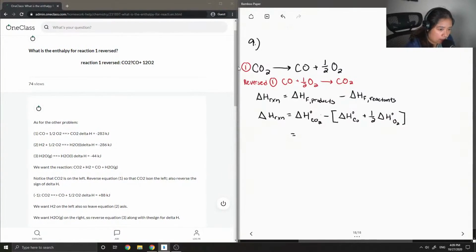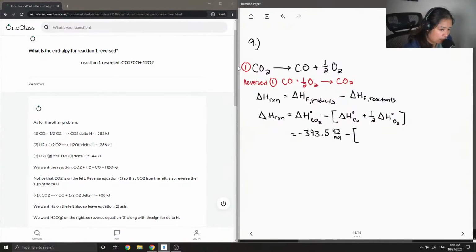So these enthalpy values are given in like a chart because they're just standard for those different compounds. So the value of the delta H of CO2 is negative 393.5 kilojoules per mole.